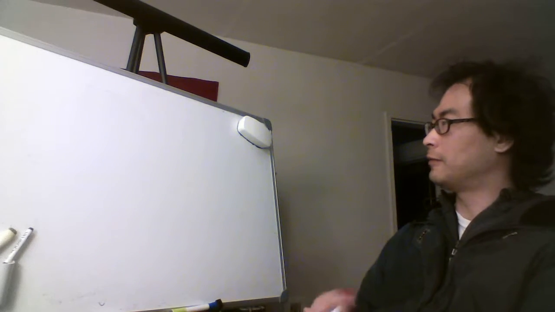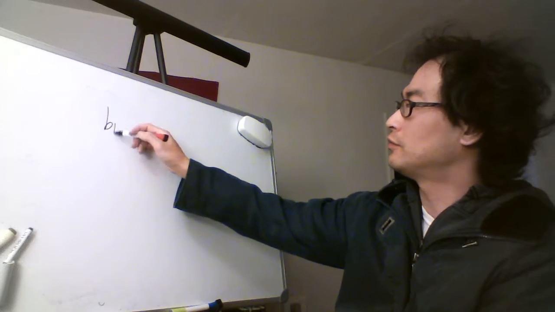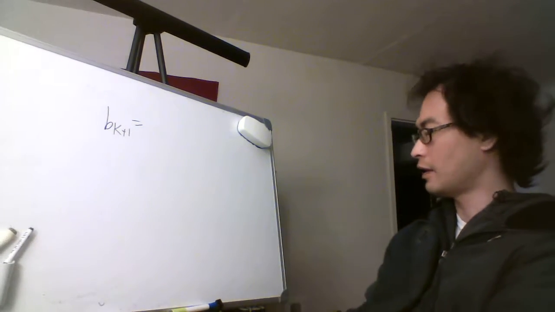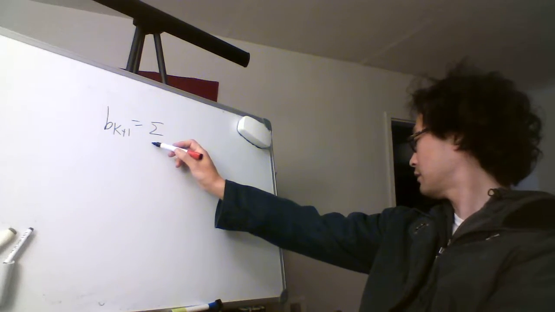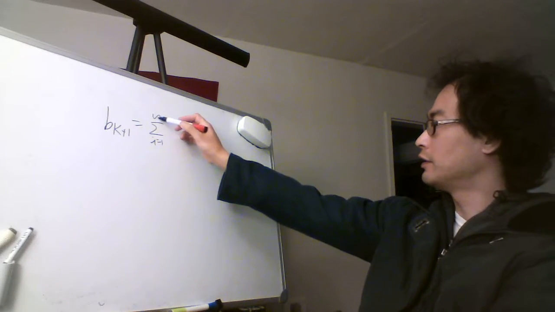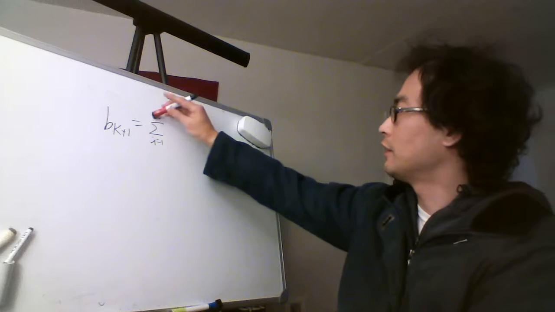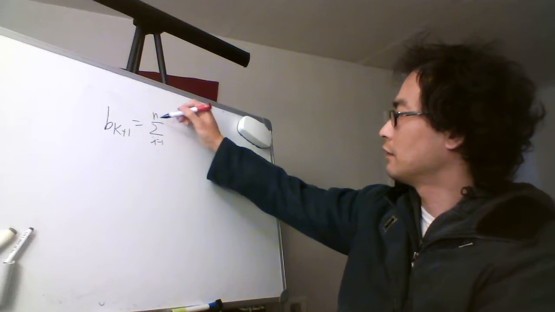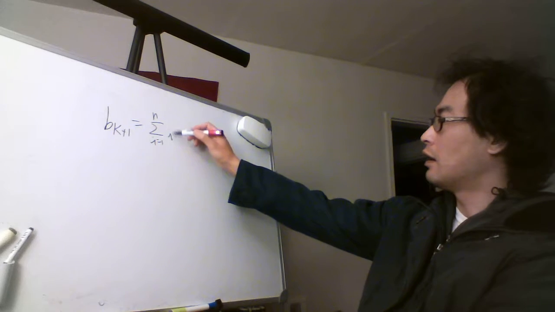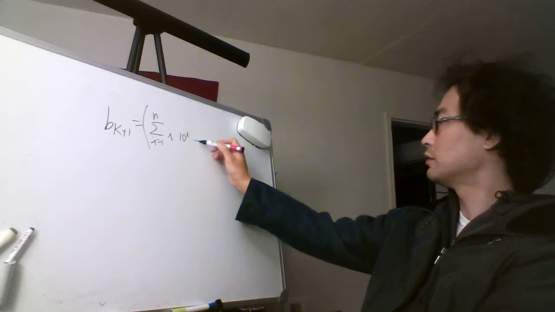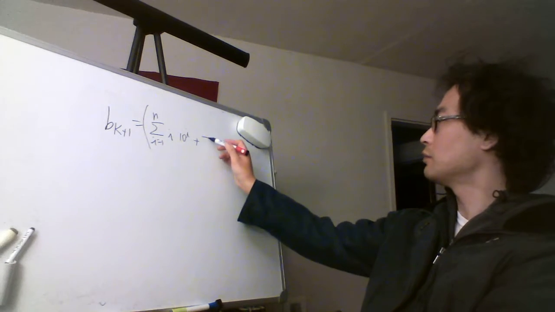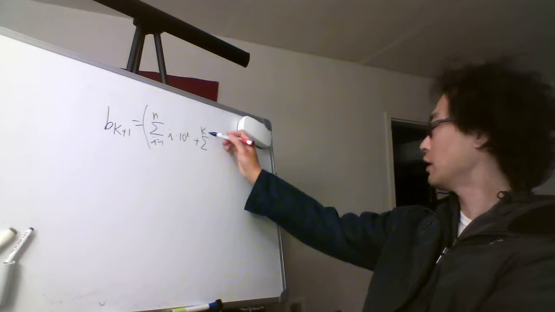So we have b to the k plus 1, b_{k+1}, the k plus first. That's what? Sigma i from 1 to n, i times 10 to the i, plus k plus 1. So sigma k plus 1 minus 1 is just k.